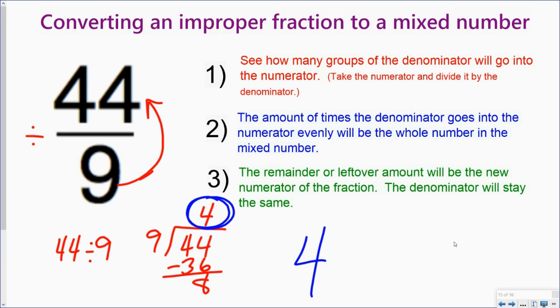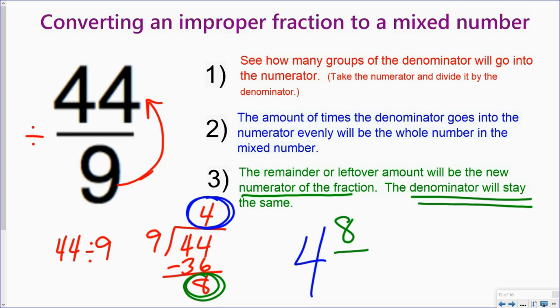And then the remainder, or the leftover, which in this case happened to be the 8, is going to be my numerator of the fraction. So I would put my 8 here, and then the denominator will stay the same, which in this case is 9. So I will put my 9 here. So 44 ninths as a mixed number is 4 and 8 ninths.